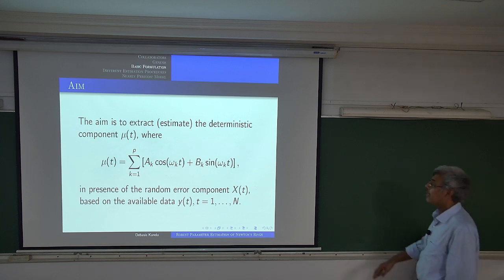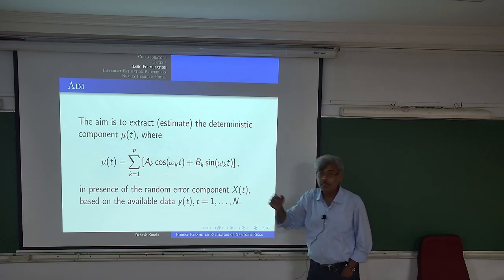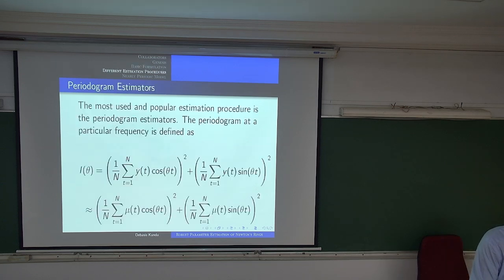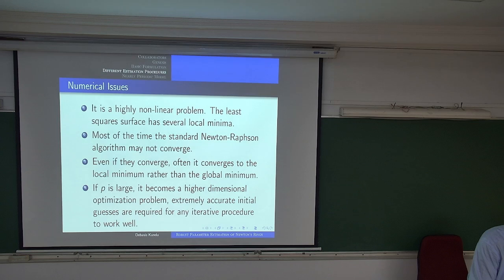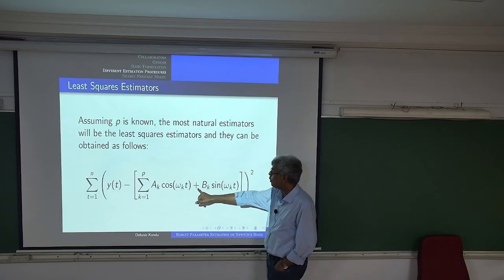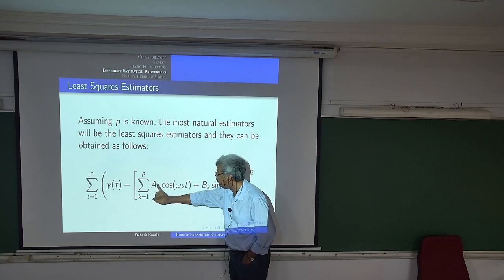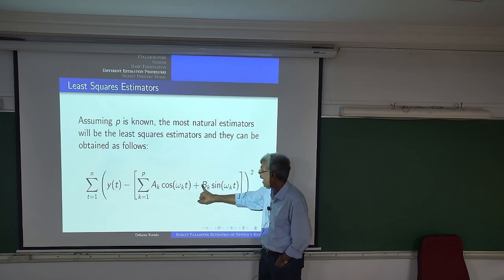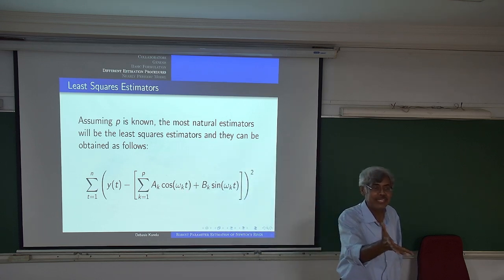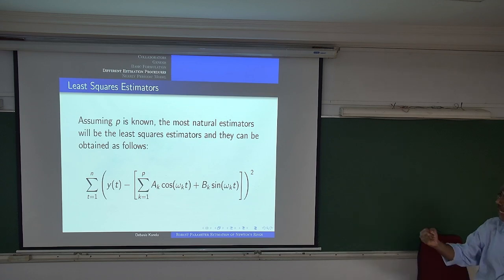How do I construct this? See, that's the thing. I'm looking at this quantity, and I have to minimize with respect to A1, A2, AP, B1, B2, BP, and omega 1, omega 2, omega p. That's the way I am going to get the estimates. So you can see that I have basically 3p parameters.